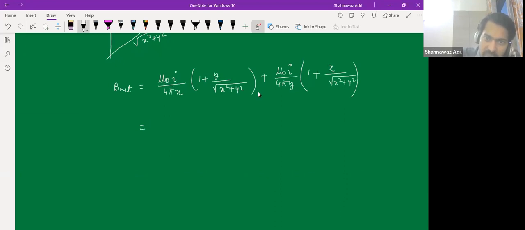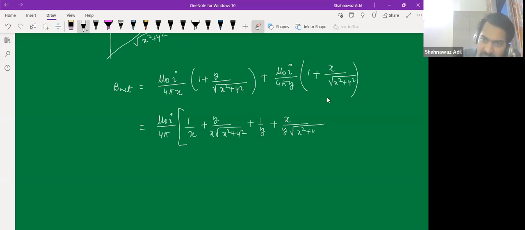Mu naught I by 4 pi. Taking this in terms of y and x, let us take this one inside. So 1 by x plus y divided by x root of x square plus y square, and this is 1 by y plus x by y root of x square plus y square.